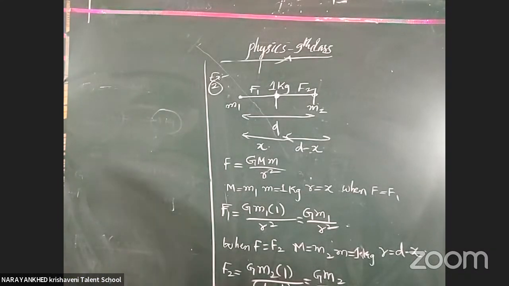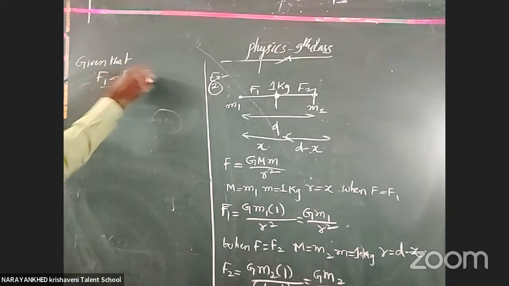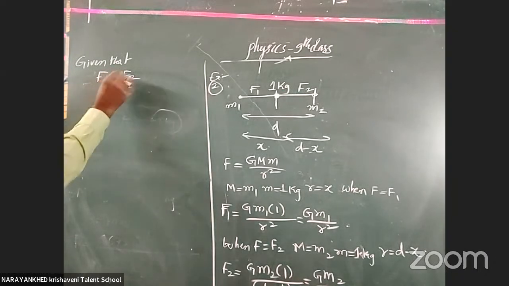Now, given that F1 is equal to F2, the same force is acting, because of that only the net force will become 0. They have given that the net gravitational force will become 0.